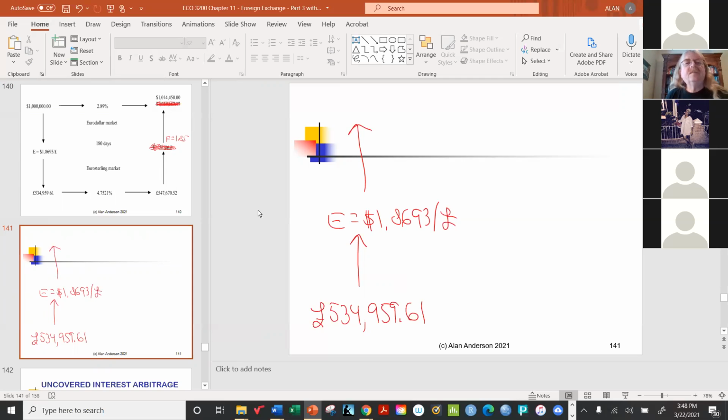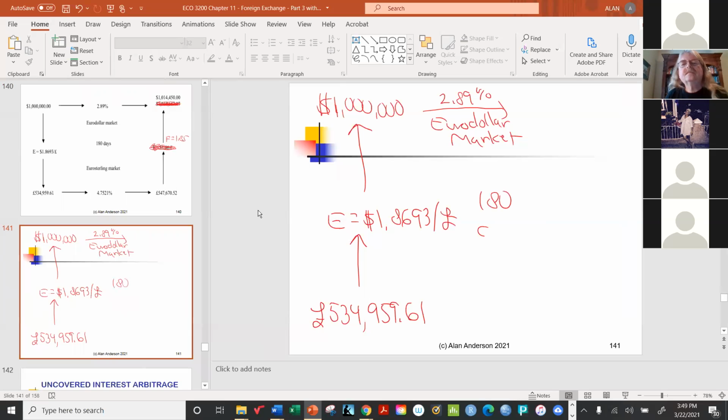And we'll have ourselves $1 million, which we now deposit in the euro dollar account for 180 days. And we already know that that's going to bring us $1,014,450.